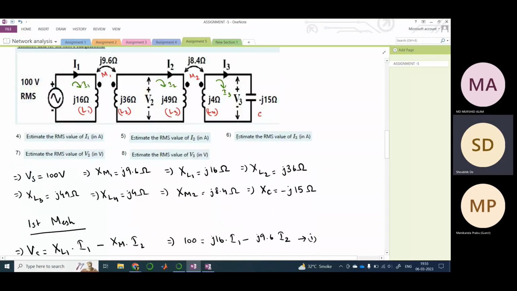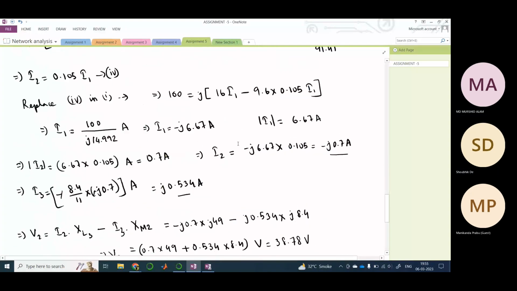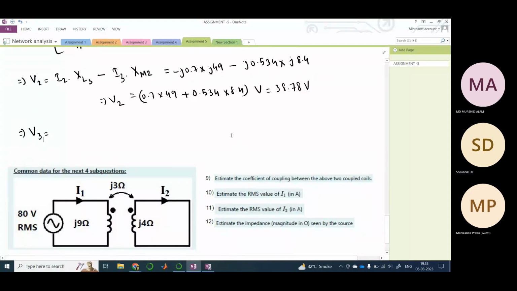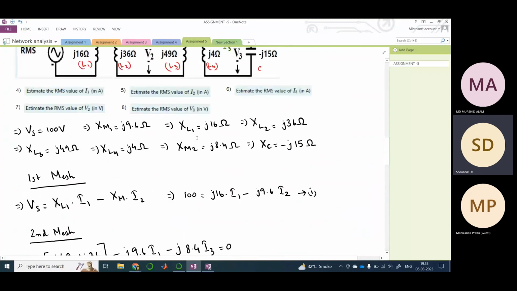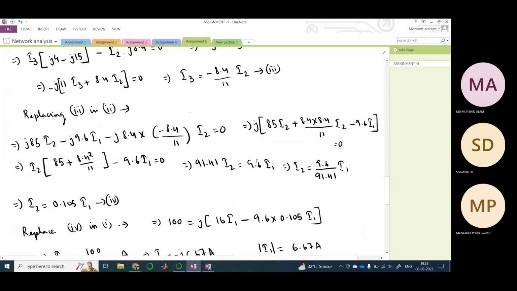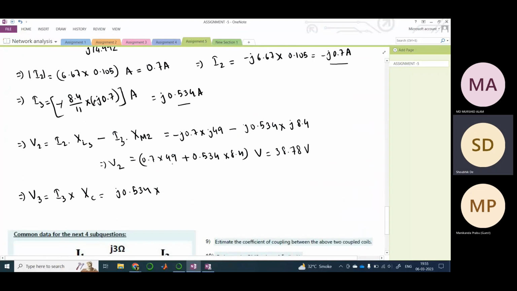V3 would be I3 into XC. I3 was 0.534, and XC was minus j15.